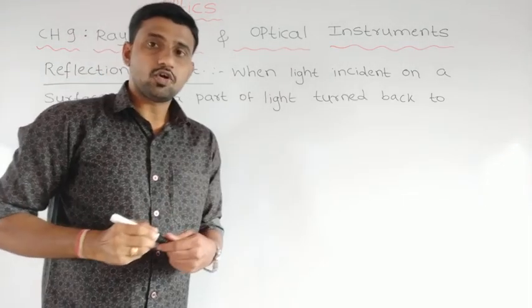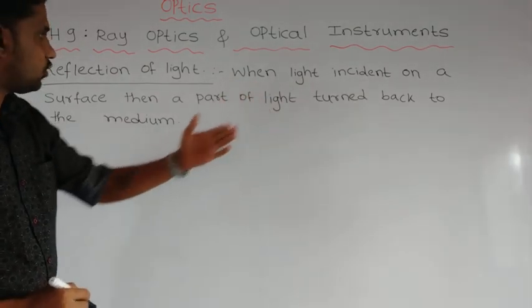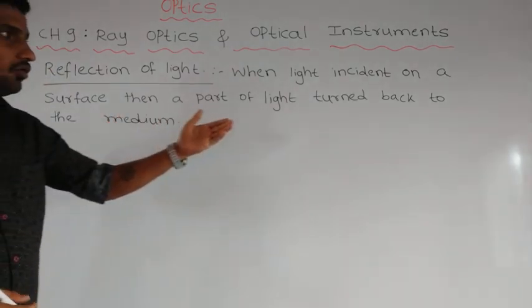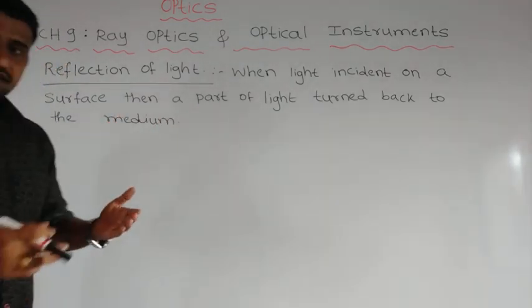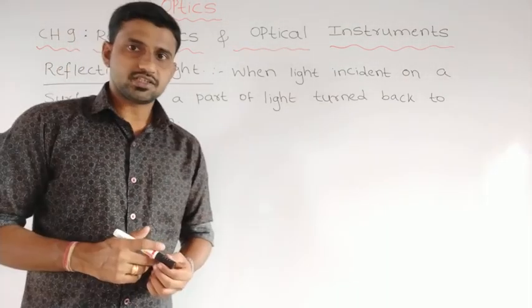Then that type of phenomenon is called a reflection of light. When a light is incident on a surface from one medium, then a part of light turns back to the same medium again. Then it is called a reflection of light.